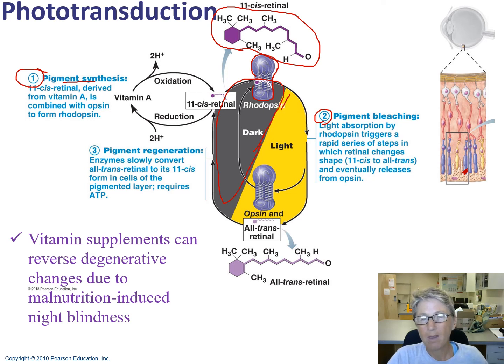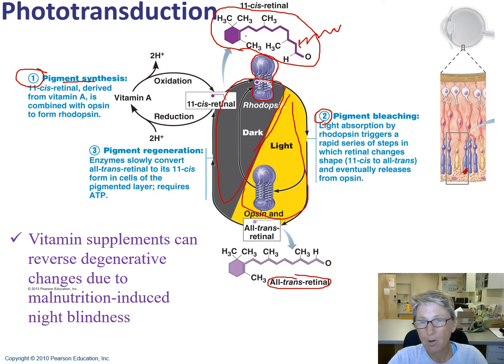So in the light, the light rays come in, retinal absorbs the light ray, and rhodopsin then goes through a series of changes in which retinal, 11-cis retinal, the bent retinal, when it gets a light ray, will straighten out to a molecule called all-trans retinal.